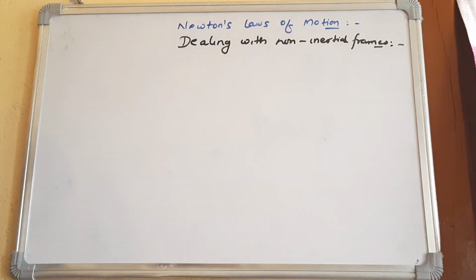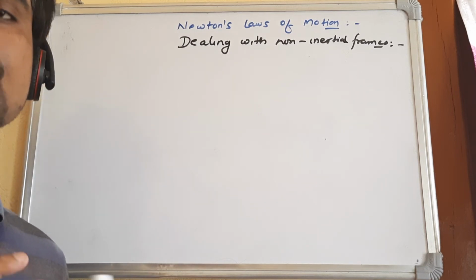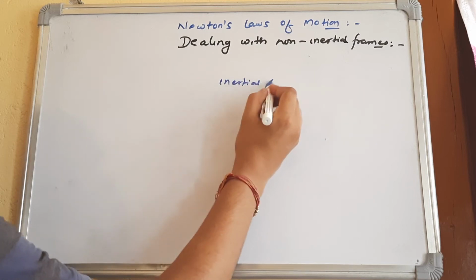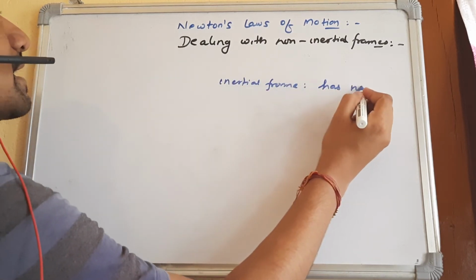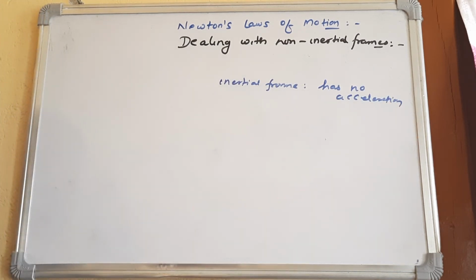Ideally, we first discuss what an inertial frame is. A frame in which Newton's first law is valid is an inertial frame. Or I can also say an inertial frame is a frame which has no acceleration. So either a stationary frame or a frame with constant velocity is an inertial frame.